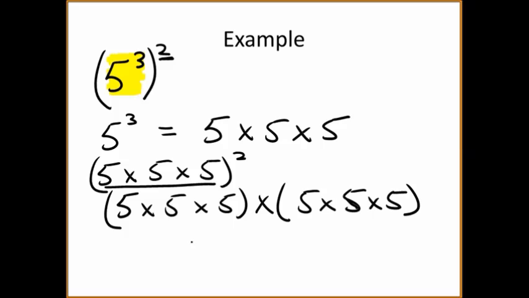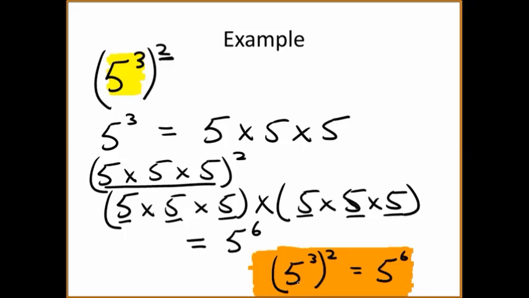Again, rewriting this more simply, we can write it as 5 to the power of 1, 2, 3, 4, 5, 6. 5 to the power of 6. So we have figured out that 5 to the power of 3, all to be squared, is equal to 5 to the power of 6.